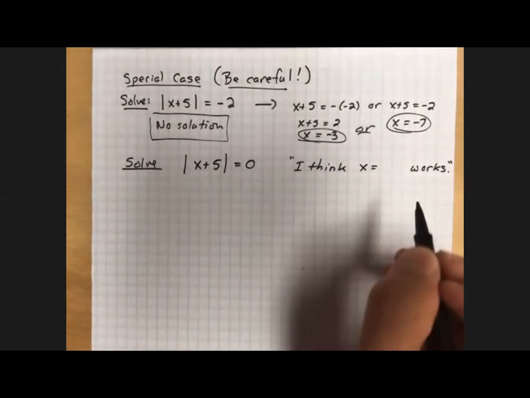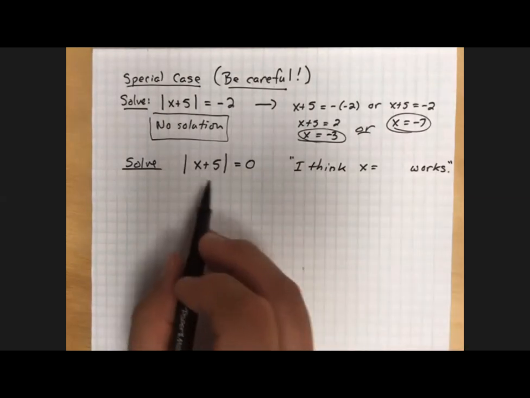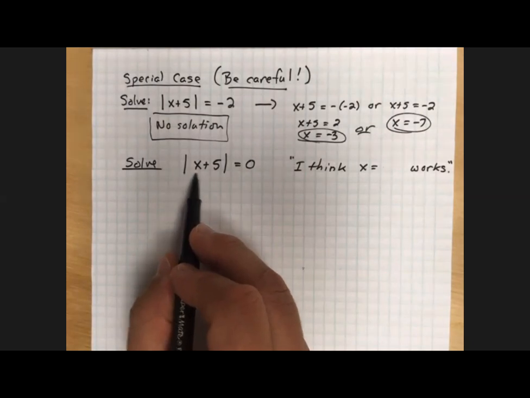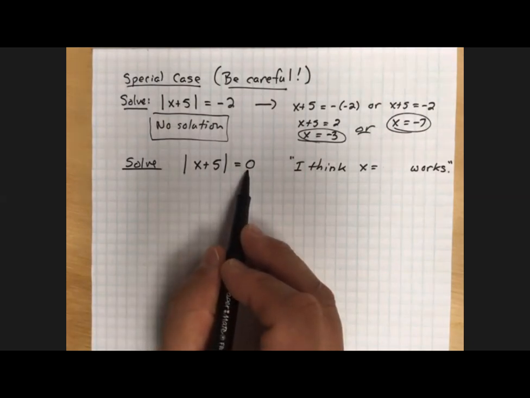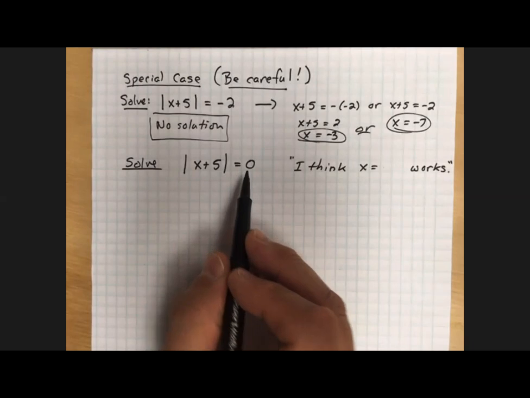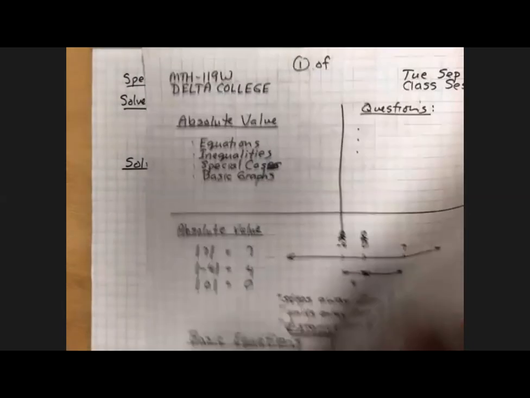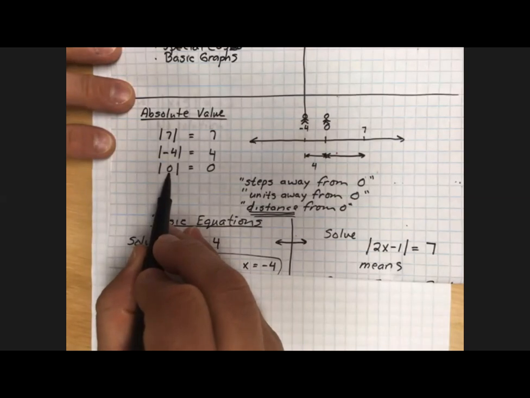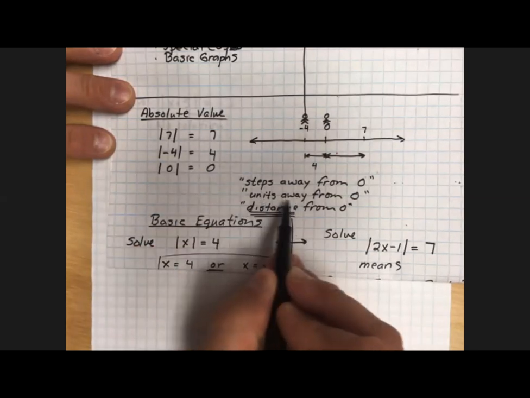What do you suggest? Well, you go back to the first paper I said, there was a number that had absolute value of 0. Which number has an absolute value of 0? Oh, 0 does, because it's 0 units away from the origin.